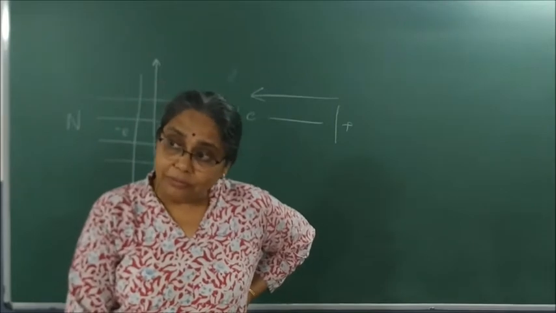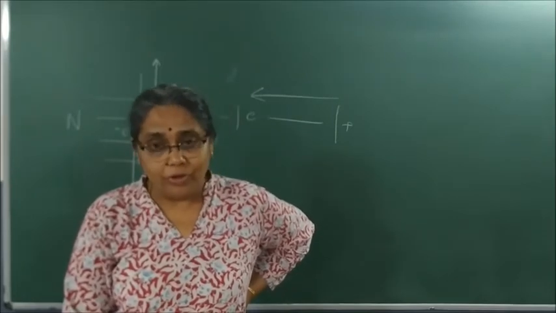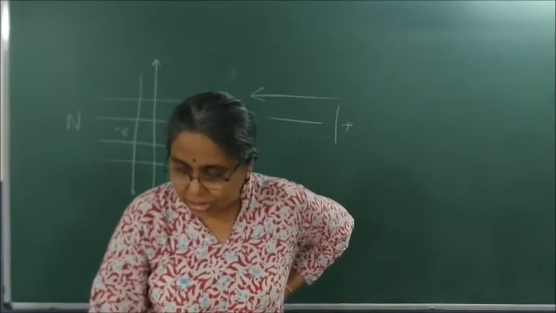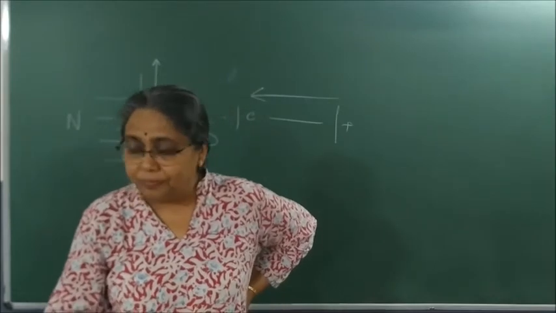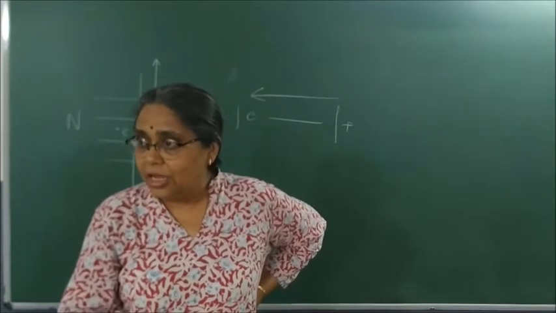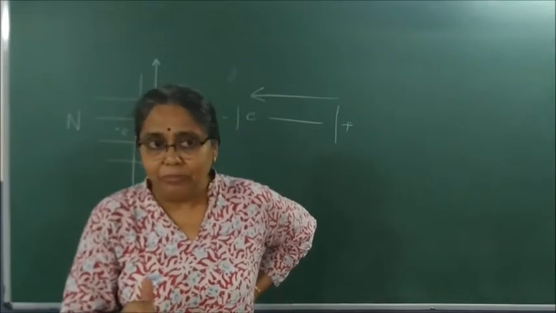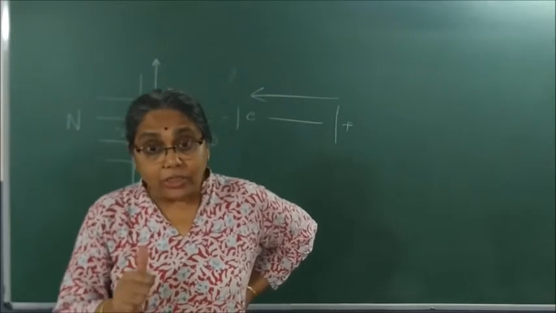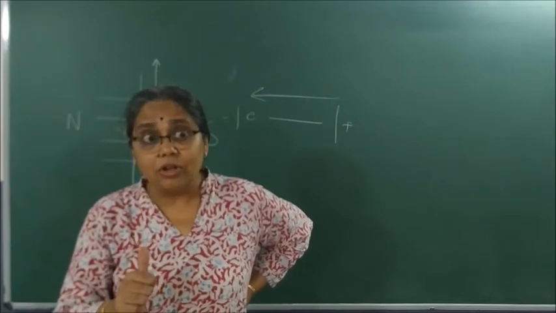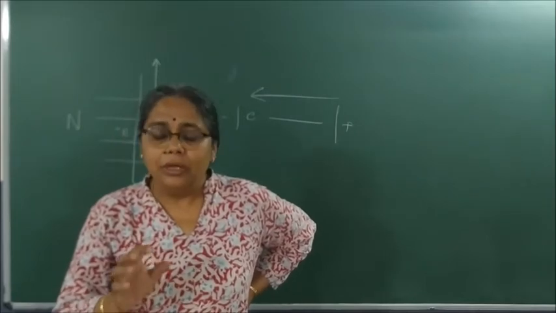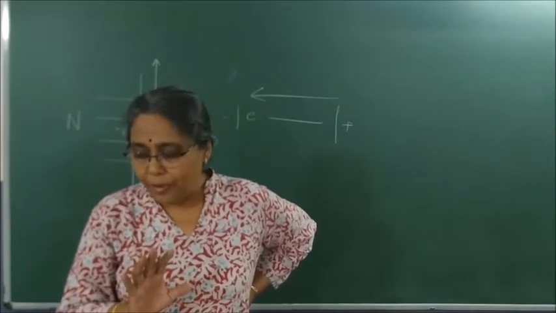What is momentum? Mass into velocity. So, what changes? Mass does not change, speed does not change, because speed is a scalar quantity, its distance per unit time. What changes basically is its velocity and momentum. But tick the answer as momentum.